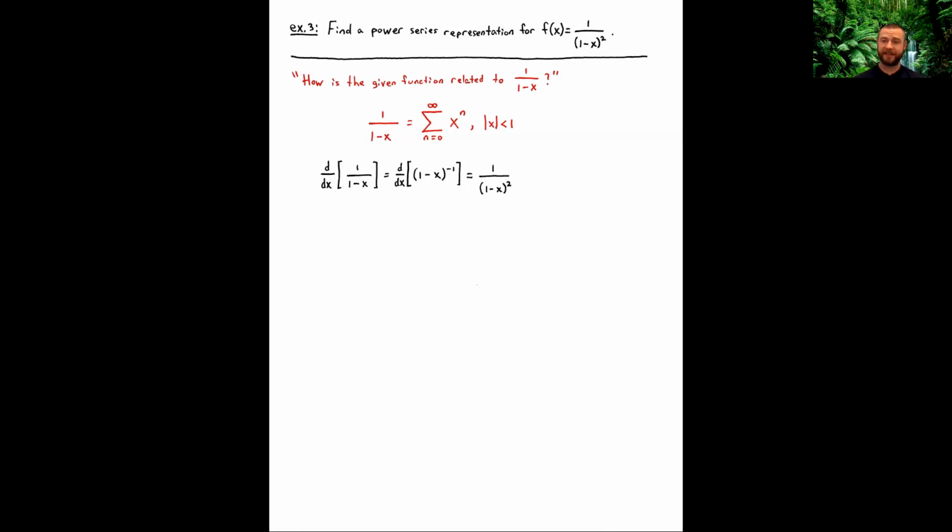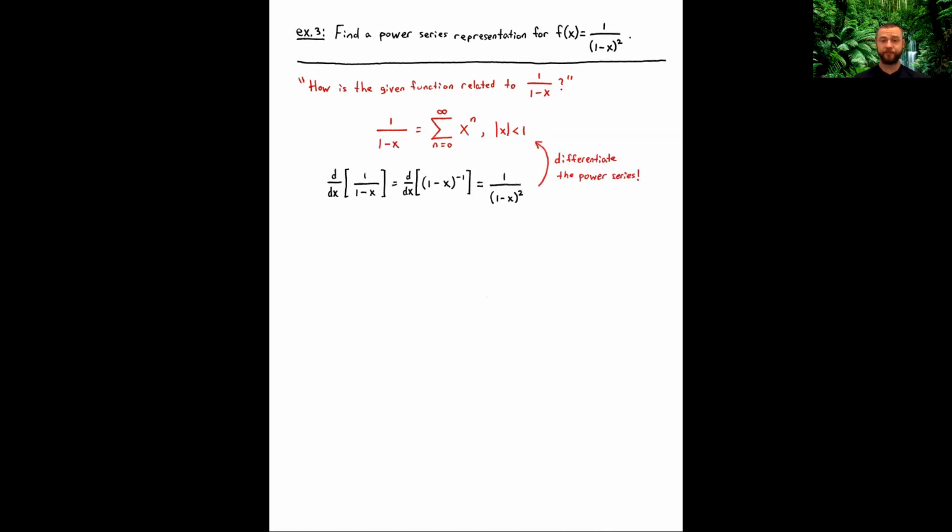Now, how do we connect this to the previous theorem? Well, what this is telling us is we can basically differentiate our known power series representation, the summation from n equals 0 to infinity of x to the n. And that's going to be very easy to differentiate term by term.